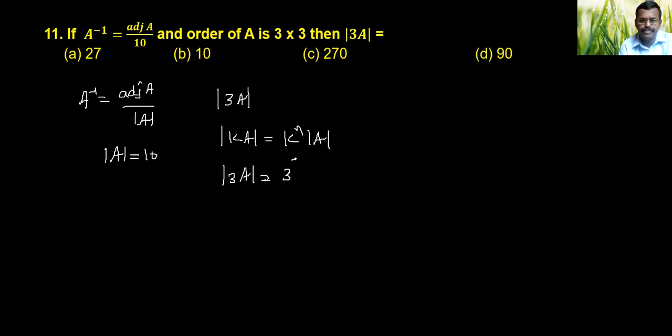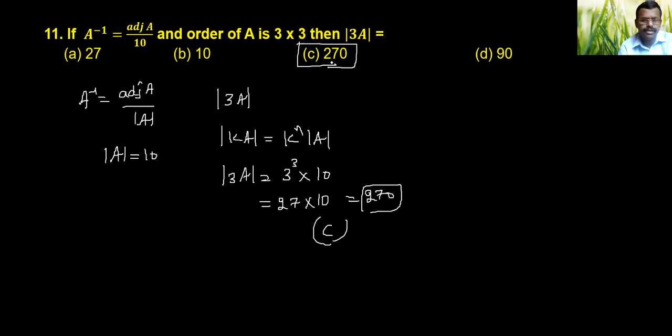Here the order is 3. So 3 cube into determinant of A, which is 10. What is 3 cube? 3 cube is 27 into 10. We get 270. Which option is 270? Option C. So question number 11, C is the answer.